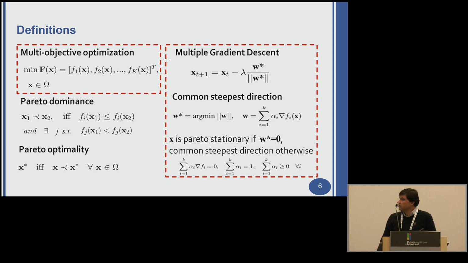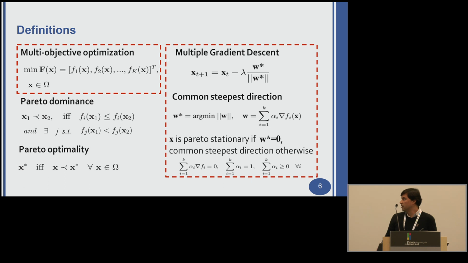So what we want to do is to minimize a set of non-negative costs. The first thing we tried was the multiple gradient descent algorithm, in which we have a set of gradients from each cost, and we get the minimal norm element within the convex hull defined by those gradients, and we do a lambda step on this direction, on the negative direction.